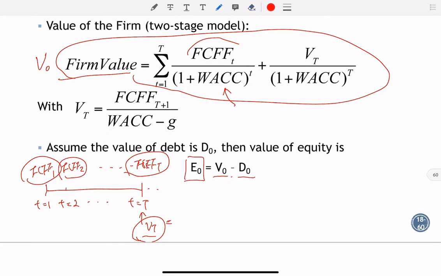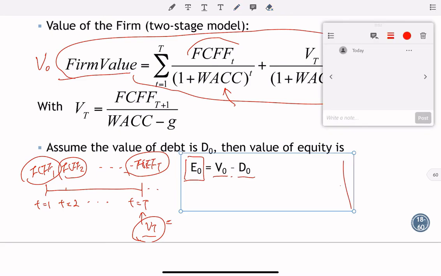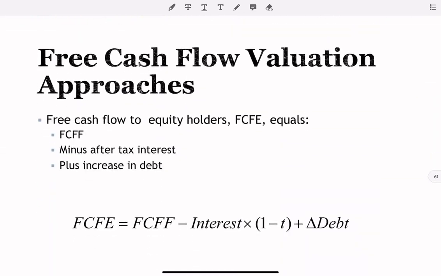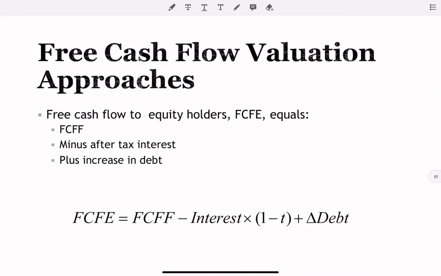Okay, let's see the second way, right? So in the second case, you would directly value this firm's equity. So you would use free cash flow to equity, right?